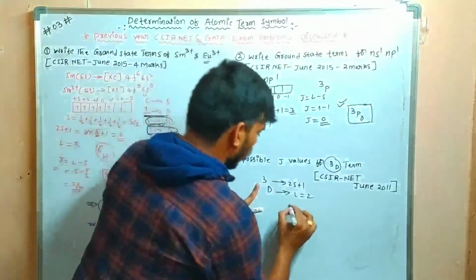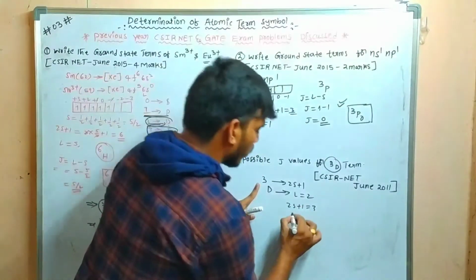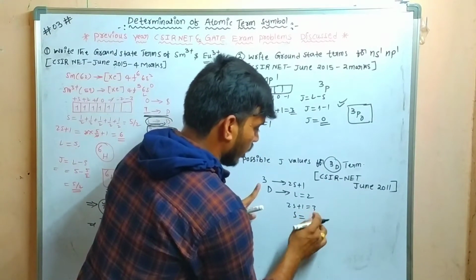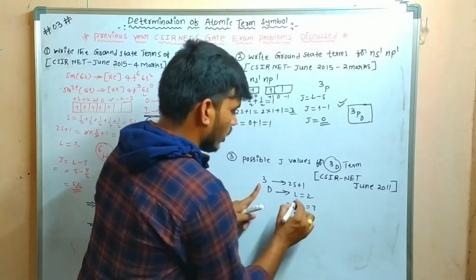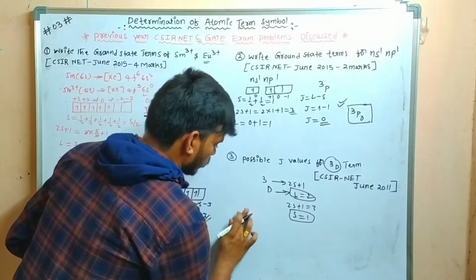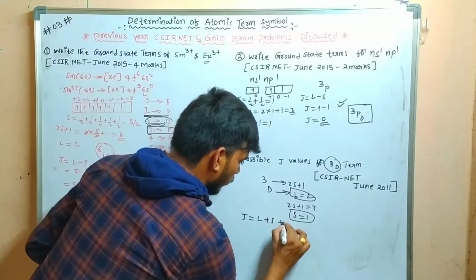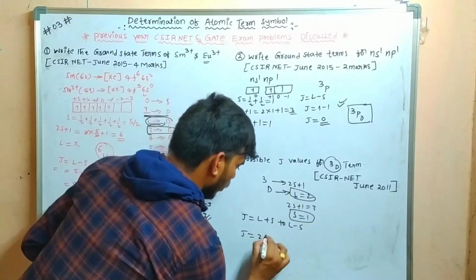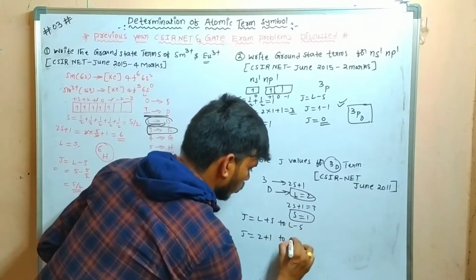2S plus 1 is equal to 3. Since the spin multiplicity value is 3, we find S: 3 minus 1 is 2, and 2 by 2 is 1. So S value is 1 and L value is 2. Now we calculate the J values. J ranges from L plus S to L minus S, so from 2 plus 1 to 2 minus 1.